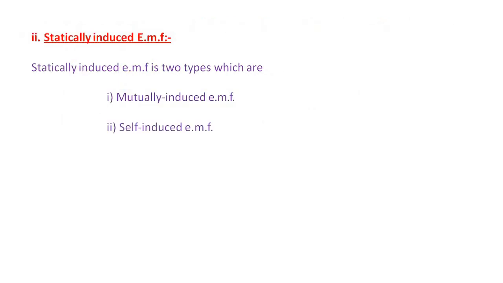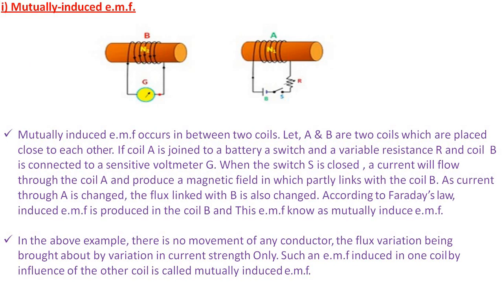Statically induced EMF is of two types: mutually induced EMF and self-induced EMF. Mutually induced EMF occurs between two coils A and B, placed close to each other. Coil A is joined to a battery and a variable resistance, and coil B is connected to a sensitive galvanometer.